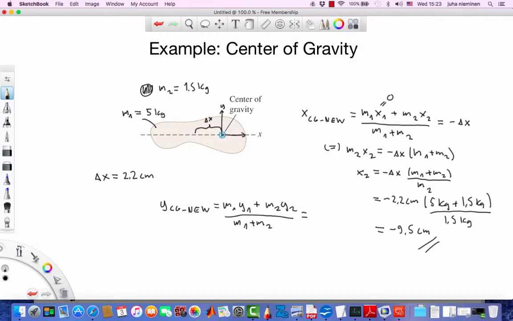So relative to the original position, the CG in the y direction is also 0. And we know that y1 was 0 to begin with because it lay at the origin. Hence, for this to be 0, y2 must also be 0. So we only go in the x direction by 9.5 centimeters to the left.